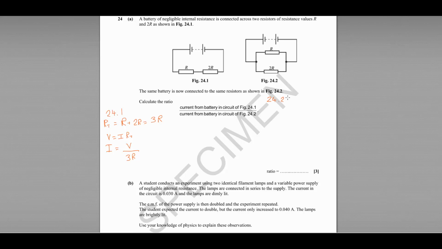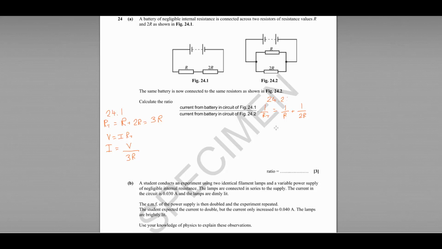For 24.2, we have two resistors in parallel, so we have to use the resistors in parallel equation, which is that 1 divided by RT, the total, is equal to 1 over R plus 1 over 2R.